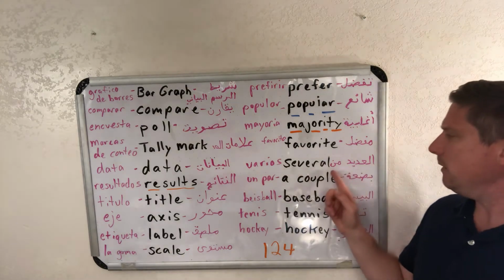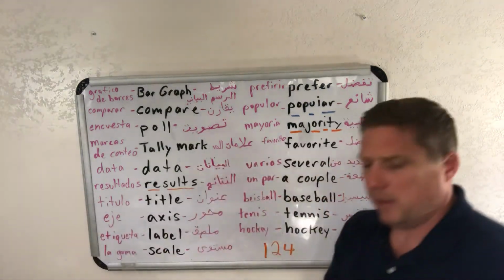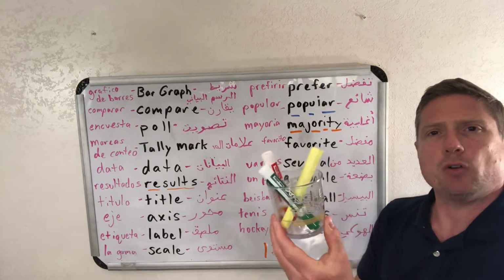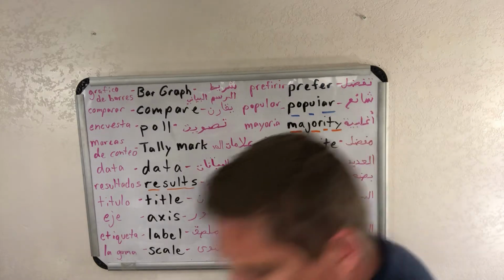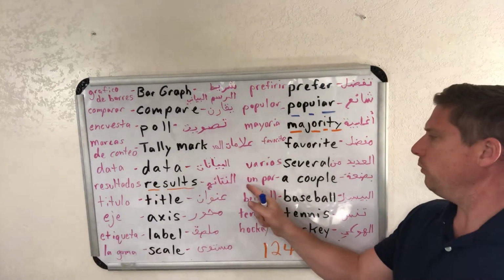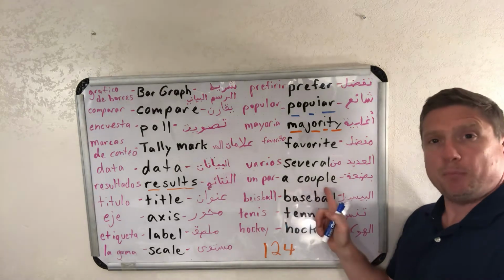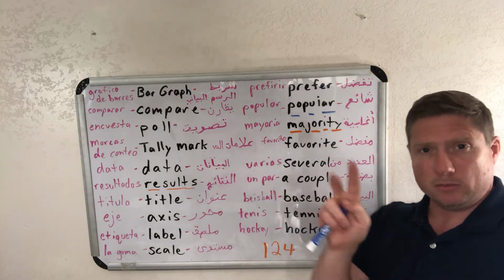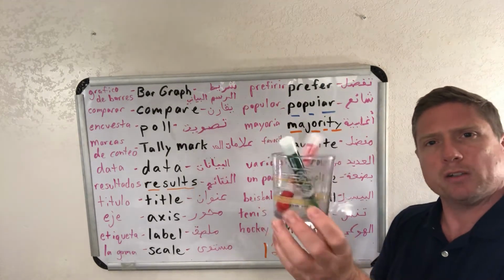Several. You can say there's several markers in this cup. Several means some of. A couple means two. There is a couple of markers in this cup.